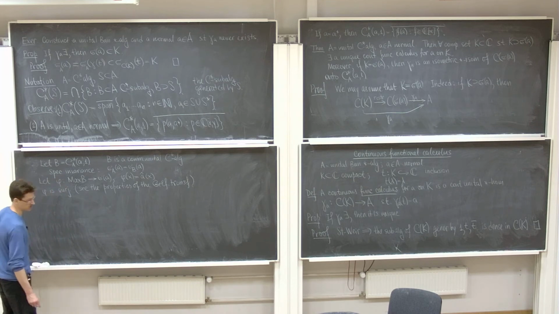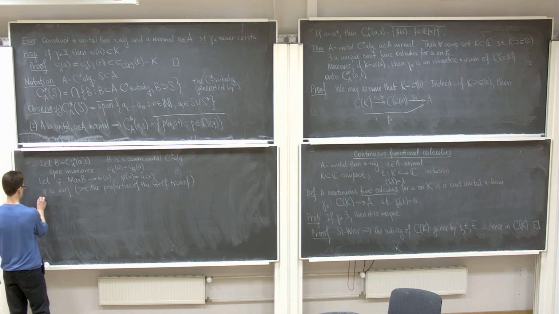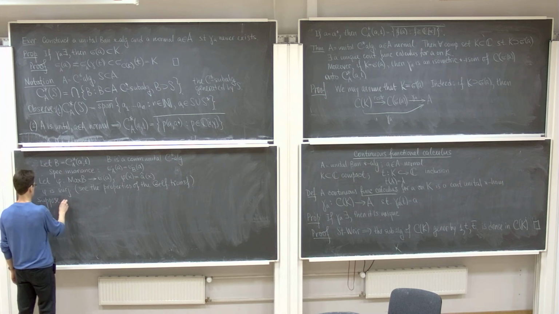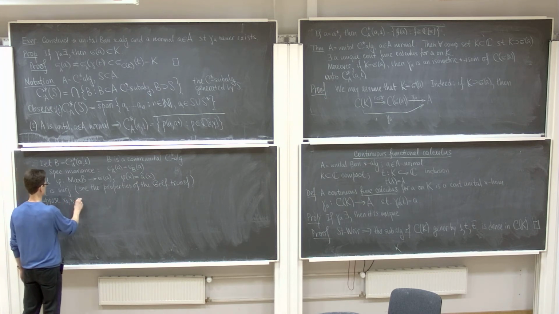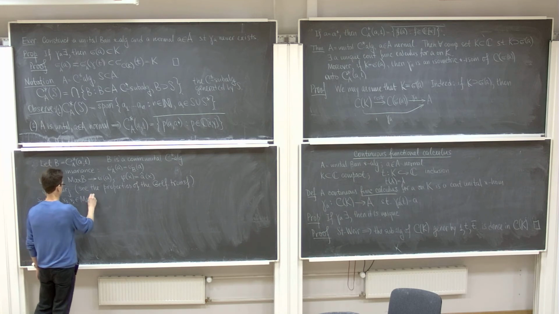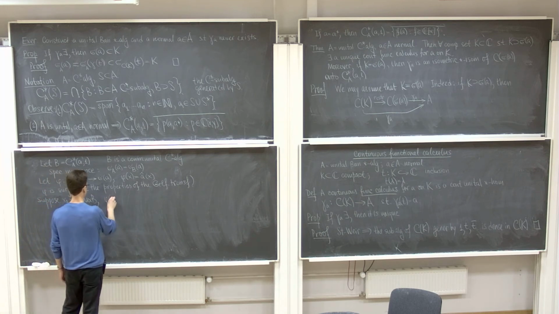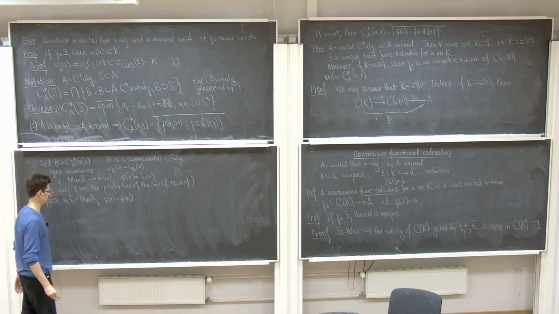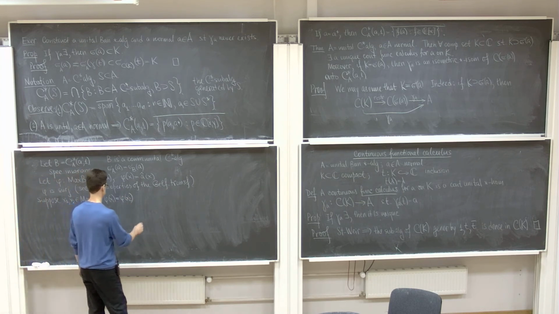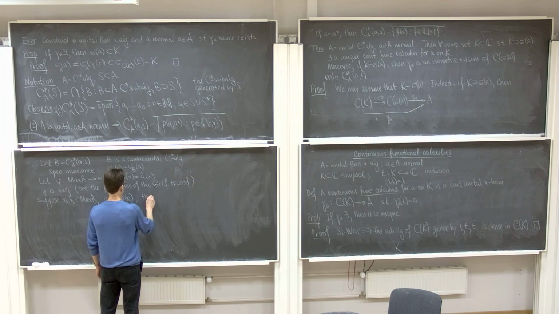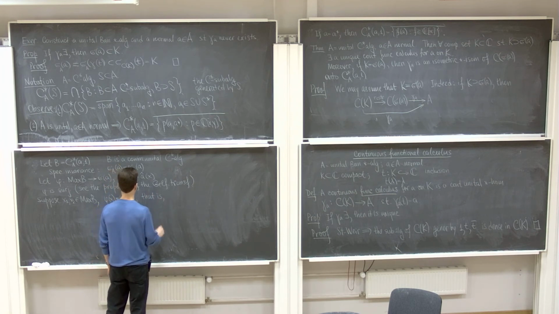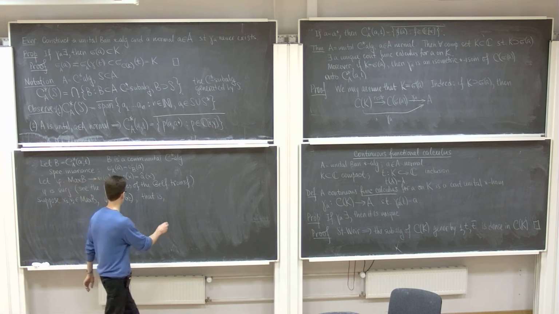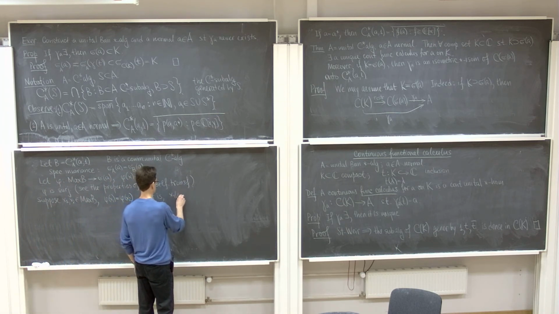Well, why is it injective? Suppose we have two points in the spectrum of B, x1 and x2, and suppose that phi of x1 equals phi of x2. In other words, if we recall the definition of the Gelfand transform, this means that x1 of a equals x2 of a.